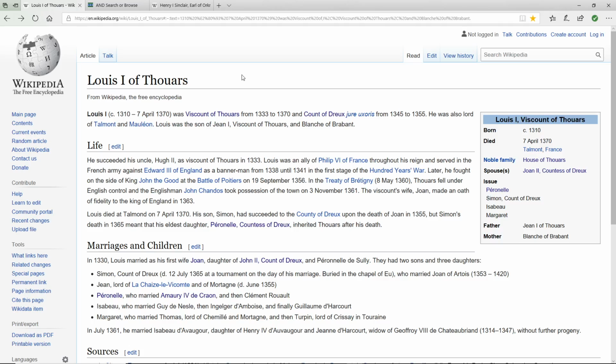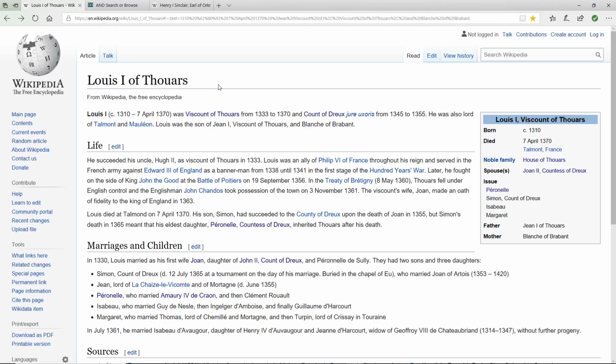This is him right here, Louis the First of Thayars. He has a long lineage of crusaders in his family. His family was of the House of Thayars 500 years. So this guy is very much royalty, very connected with everybody, really. He was very well known.